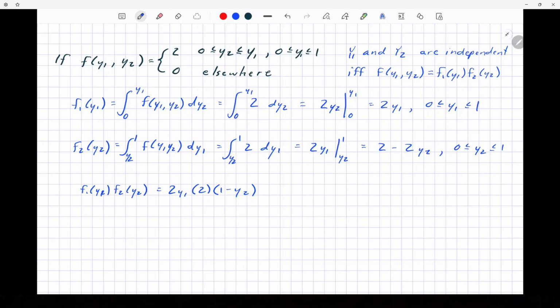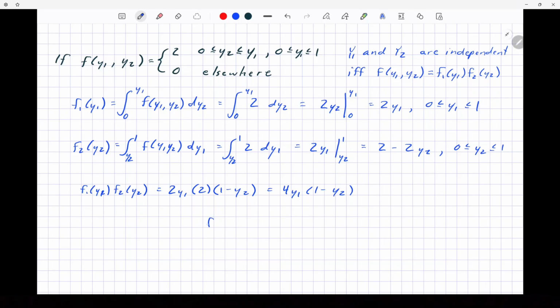And it does not seem as though there is any way for us to get that into any sort of a form that's going to permit us to have that equal to 2. We could solve this for certain values of y1 and y2 that might equal 2. But in order to demonstrate true independence, we need to see that they are always the same.